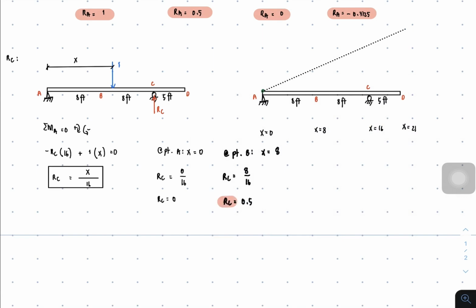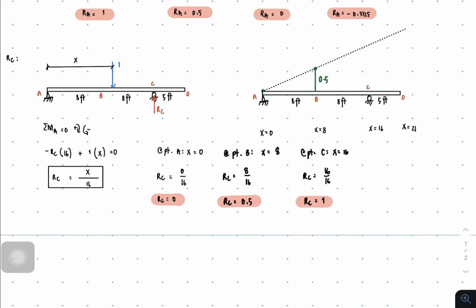So by the way, that's 0.5 RC, and so this is 0.5 here. Let's proceed to the next point. At point C, x is equal to 16. So RC now is 16 over 16, and that RC is 1.